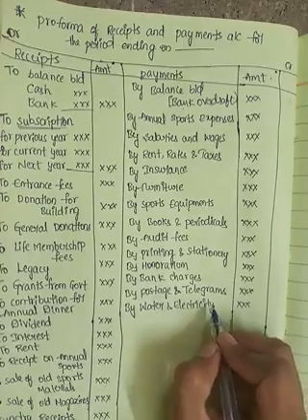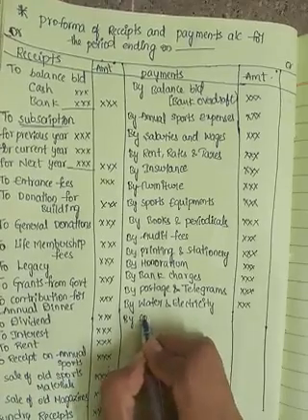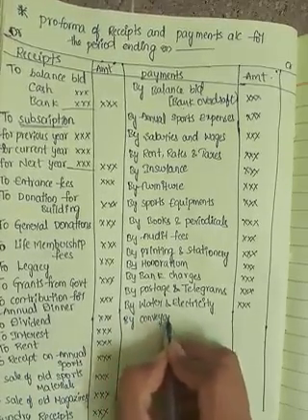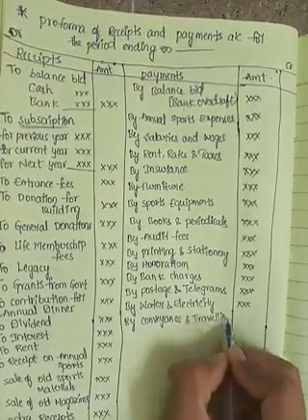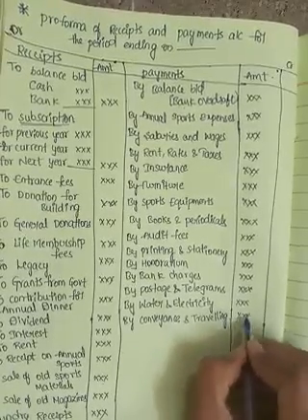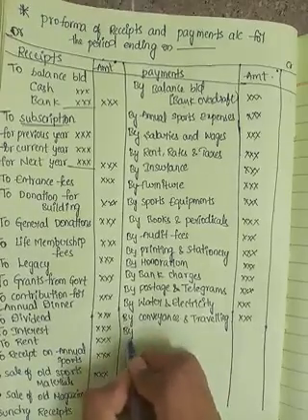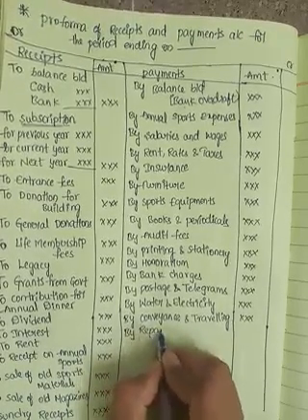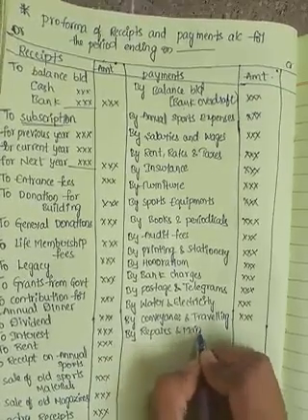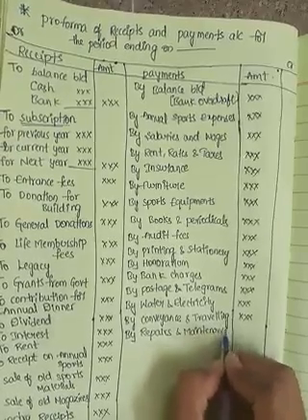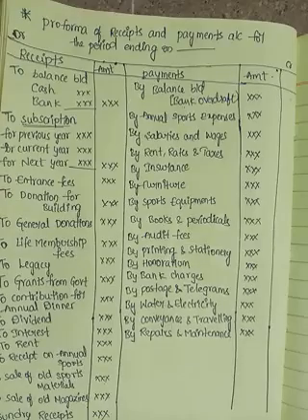Next is by conveyance and traveling. Next is by repairs and maintenance.